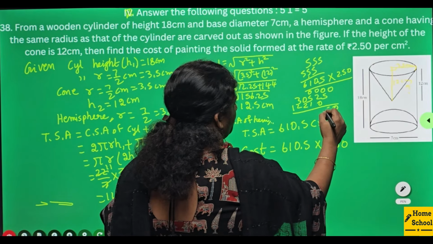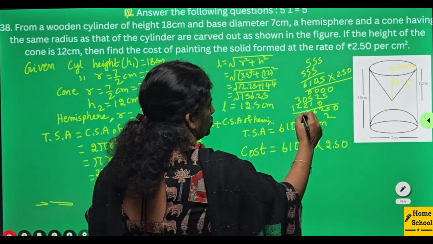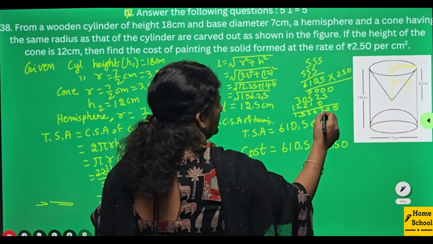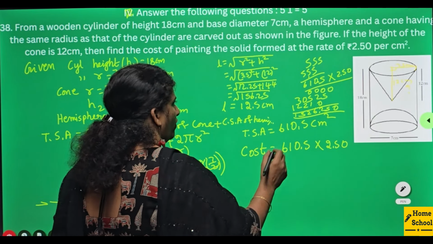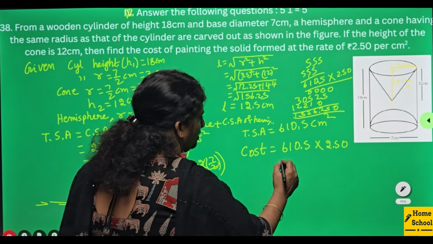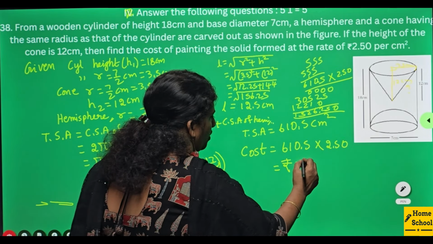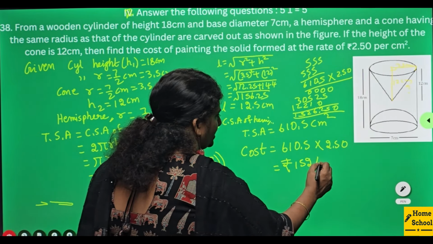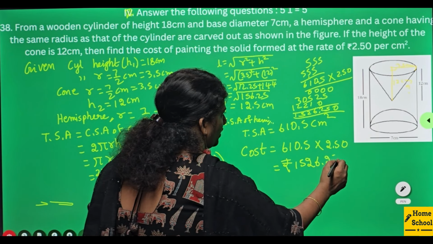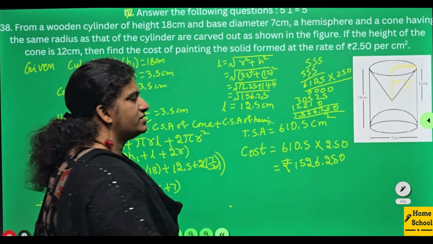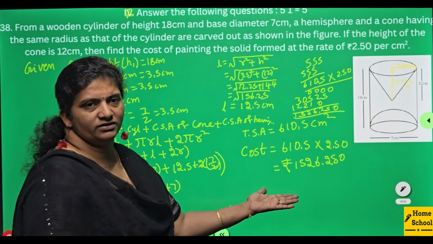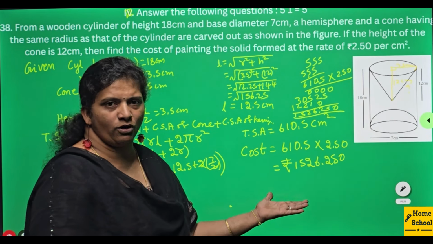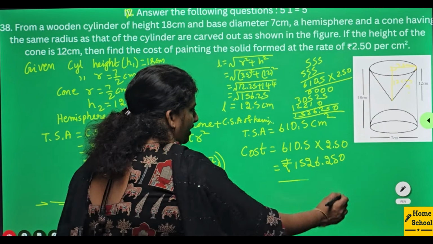That is 0 5 2 6 2 5 1, decimal point after 3 digits. Therefore, what is the cost of painting this, children? Rupees 1526.250. This is your answer. Or you can do approximate also, rounding up also you can do.